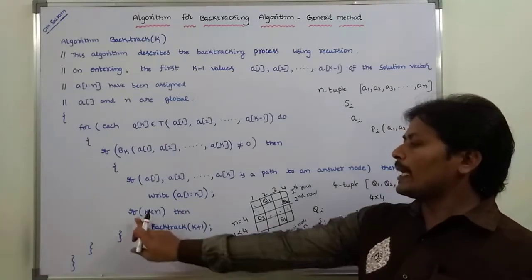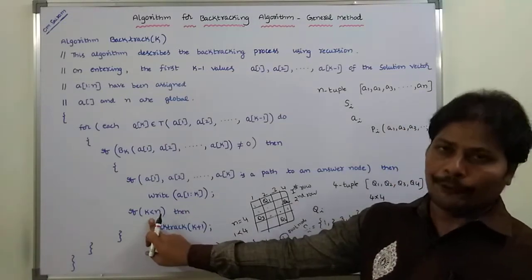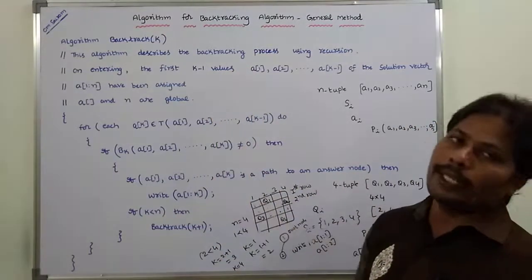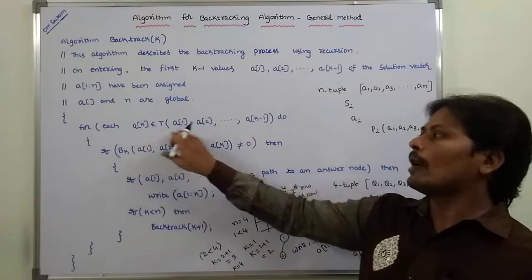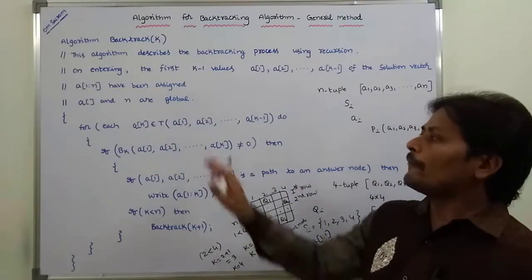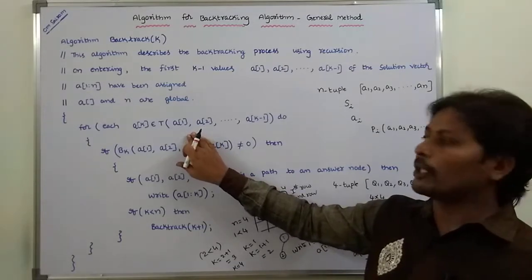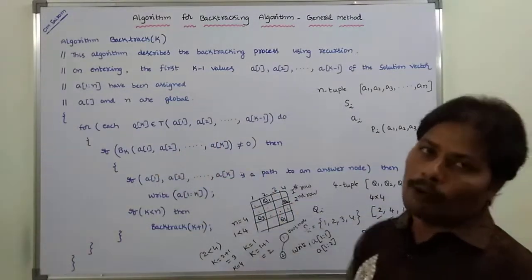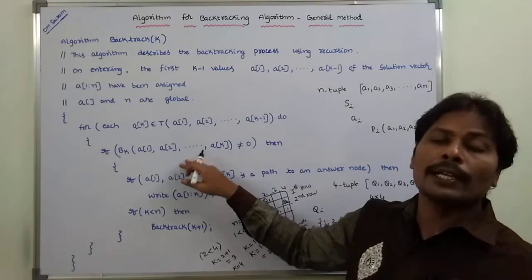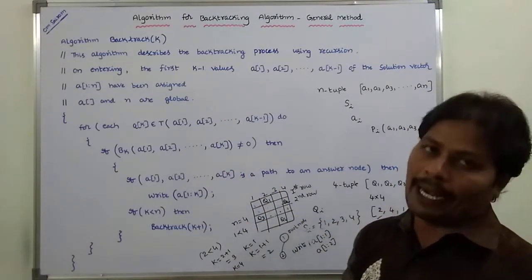If k less than n, 2 less than 4, condition true, backtrack of k plus 1. Now k value 3. A of 3, what are the possible values for queen 3? If we are choosing the value for queen 3, it must satisfy the bounding function. If it does not satisfy the bounding function, again we have to backtrack.